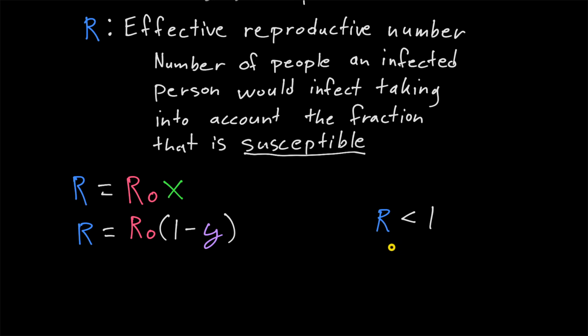On the other hand, if R is greater than 1, then that disease is going to spread in an exponential fashion. So imagine R is equal to 1.1. If you start off with 100 infected people in the population, those 100 people are going to infect 110 other people.